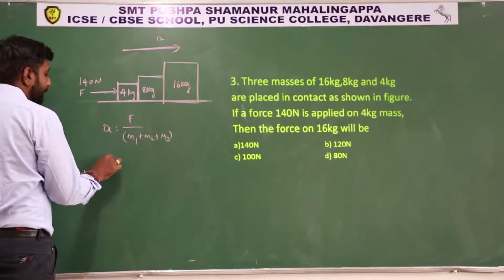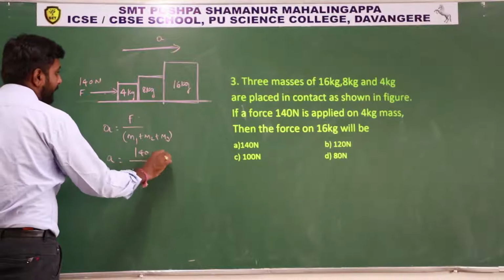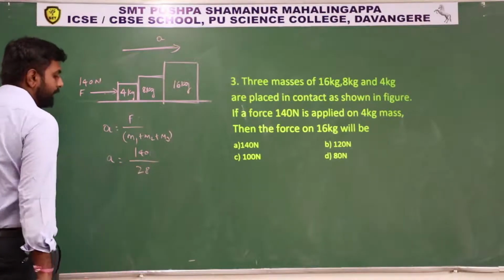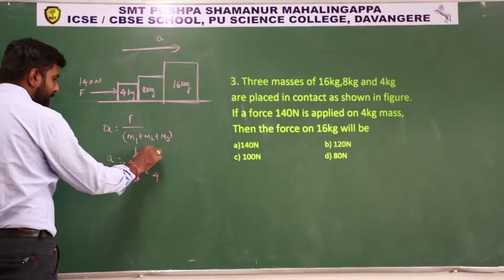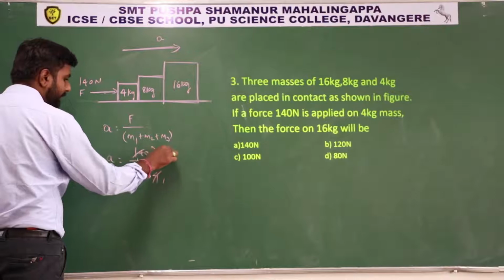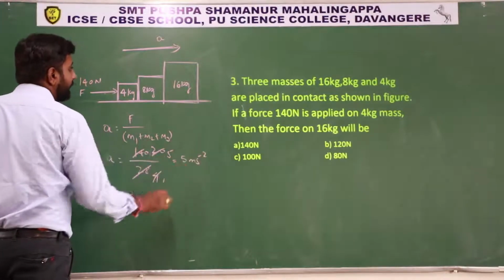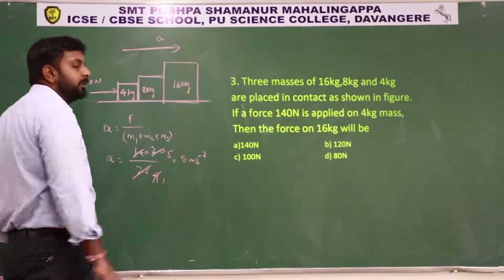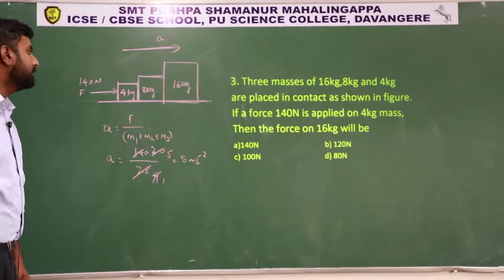So force applied, 140 Newton, divided by total mass, 28 kg, gives an acceleration of 5 meter per second square. That means all the blocks will move with 5 meter per second square, so the 16 kg block also will move with 5 meter per second square acceleration.